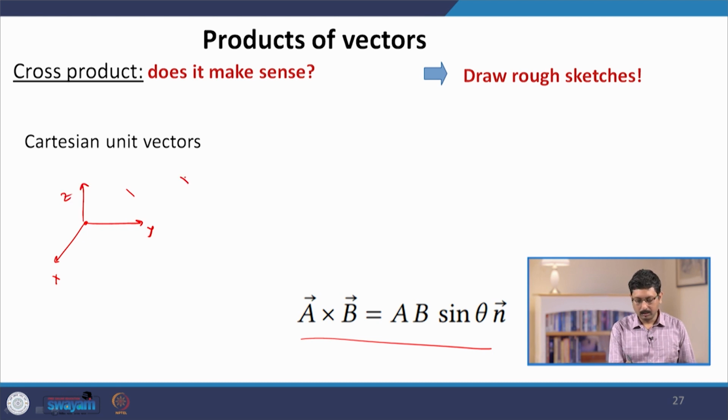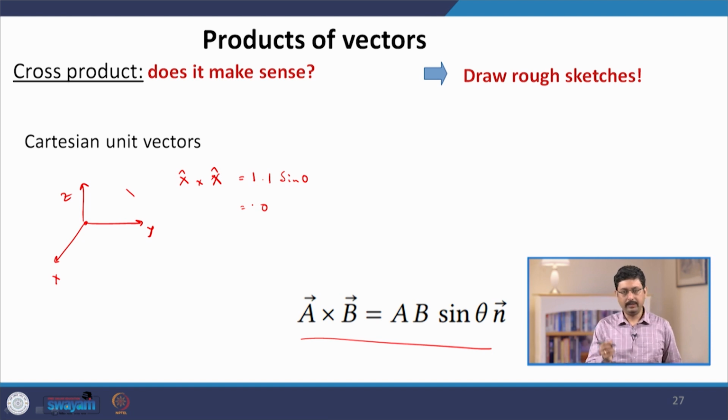We want to know what is x hat cross x hat. If I apply this definition for the cross product of a unit vector with itself, I need the magnitude of the first vector which is 1, the magnitude of the second vector which is 1, and the sine of the angle. The angle theta between a vector and itself is 0, and sine of 0 is 0. So, the cross product of a vector with itself is 0.